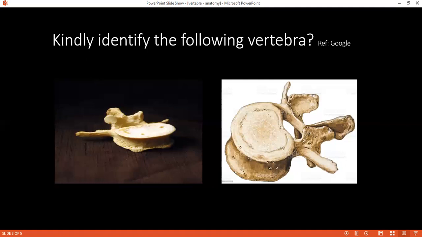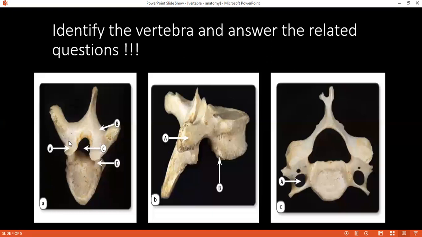Okay, can you please tell me which vertebrae these are? A, B, and C, please. Can you identify the vertebrae? B is the spinous process, and A is a transverse process, and B is the body.